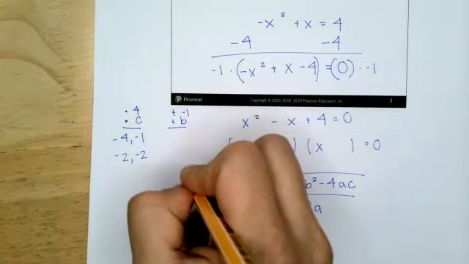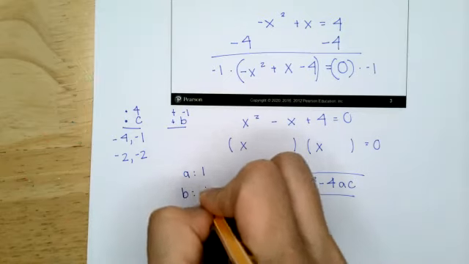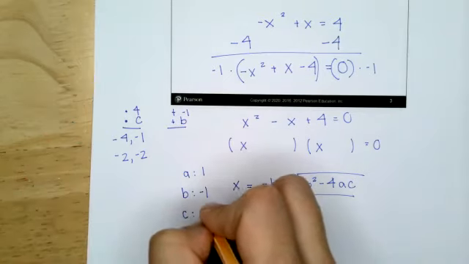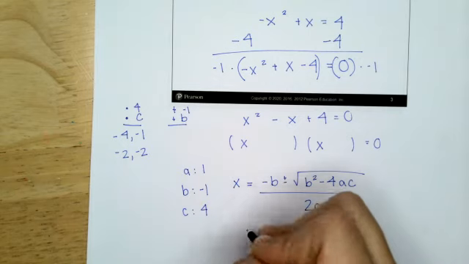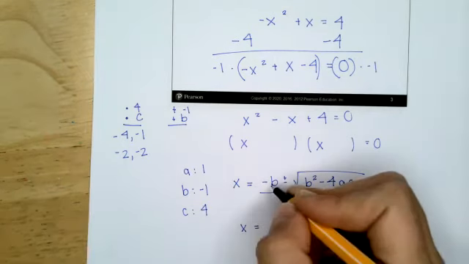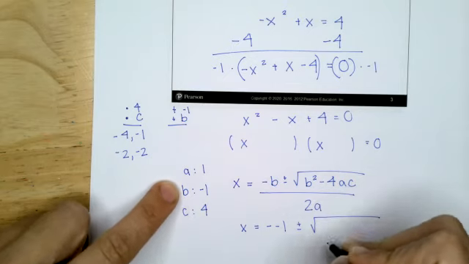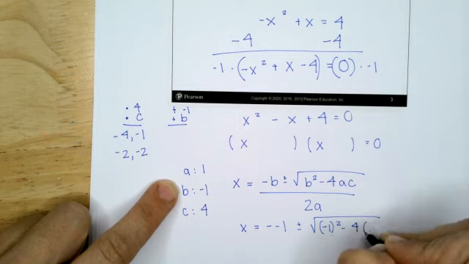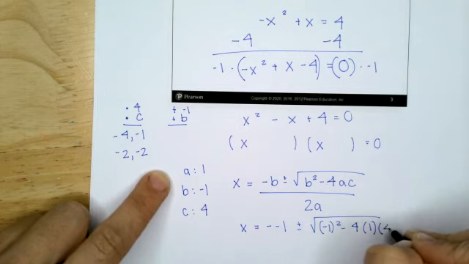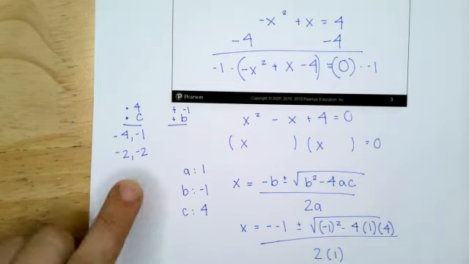And right here, my a is +1, b is -1, c is 4, right? x equals -(-1) plus or minus the square root of (-1) squared minus 4 times 1 times 4, all over 2 times 1.